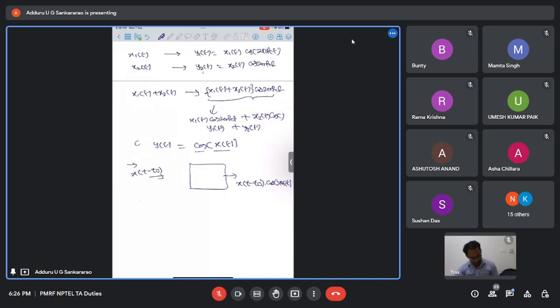Suppose if I directly shift the output, that is y of t minus t naught, then what we get? x of t minus t naught into cos 2 pi fc times t minus t naught. The first is the output due to shifted input. This is shifting the output by t minus t naught. These two are not equal, right? So it is a time variant system.